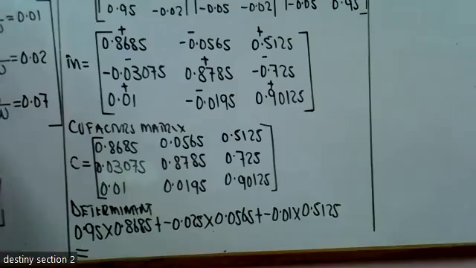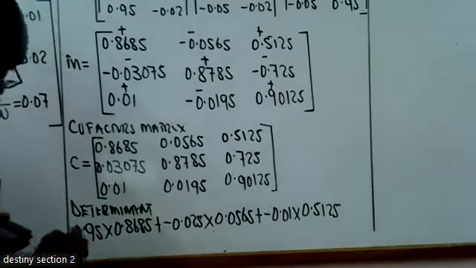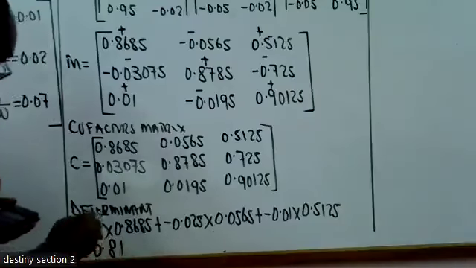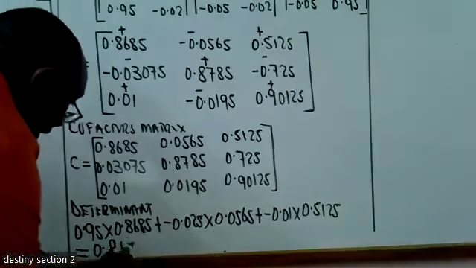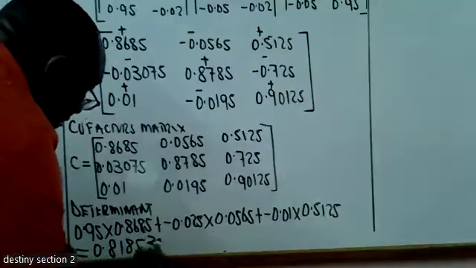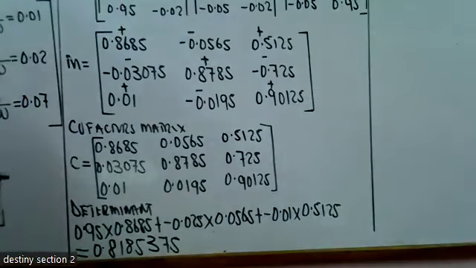I'm waiting. Yeah, good. Joseph, that is 0.8185375. So that is the determinant.